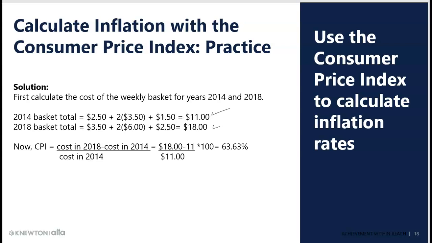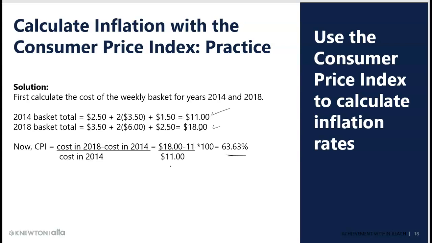So the consumer price index inflation rate over those 4 years, now keep in mind that won't be per year, it'll be per those 4 years, is the 18 minus the 11. 18, the new minus the old, divided by the old, times 100, or 63.63% if your basket only included those things. Now, there are other things in the actual consumer price index basket, so it might not be the same number if you use the entire basket, but that is the idea.